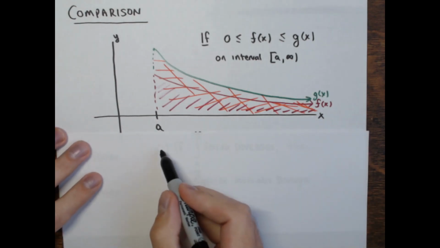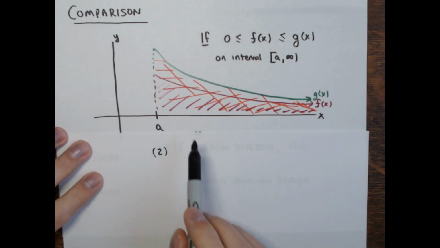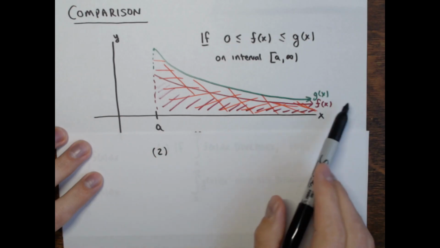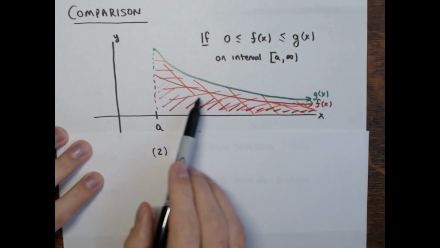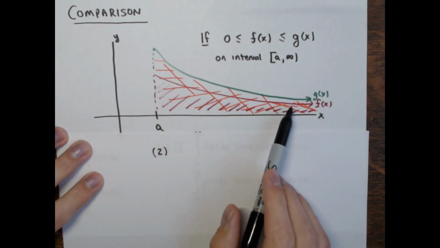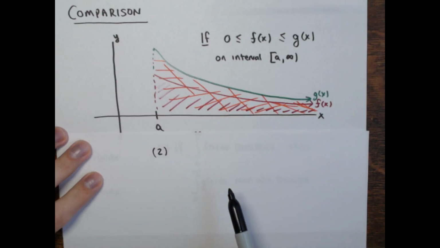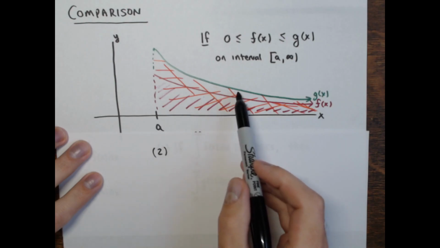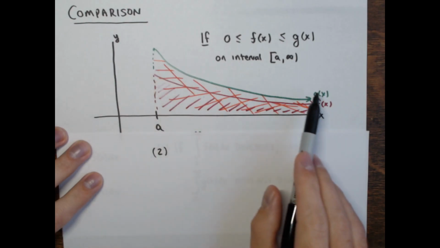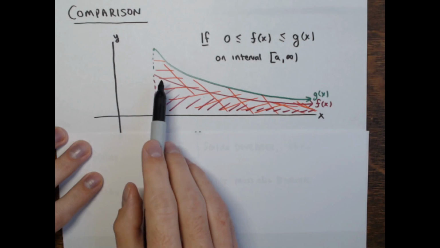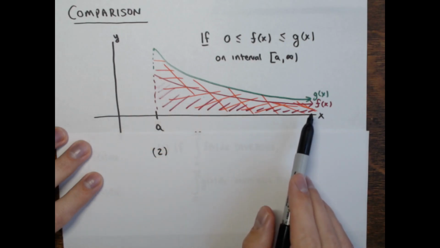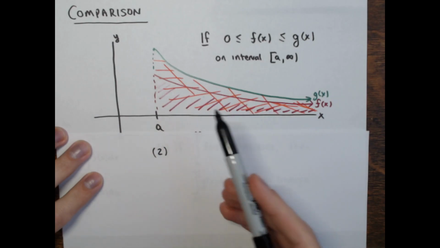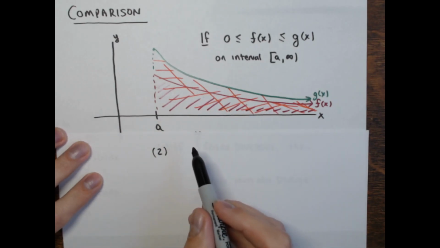Two, if the larger one, the area under g, converges, then the smaller one, being smaller, must also converge to a value that's at most the area under g. So you've got the area under g is convergent, then the area under f must also be convergent to some value that's either the same as the area under g or less, but it'll be convergent.